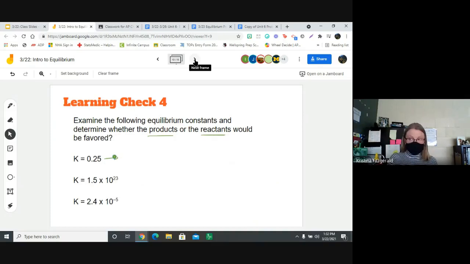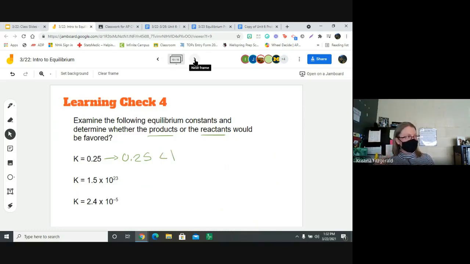Okay, this number, 0.25, is that less than 1 or greater than 1? People at home, feel free to drop it in the chat. Less than 1, greater than 1, 0.25. Marley's making symbols. Less than always eats the bigger number.